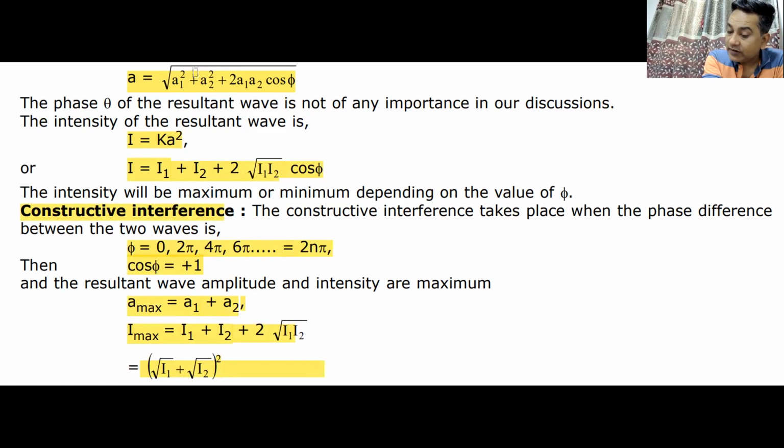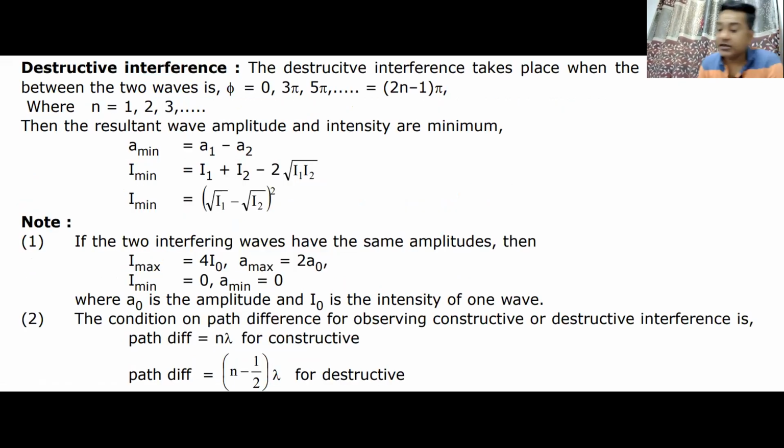Then we quickly cover destructive interference as well. In destructive interference, the phase difference becomes (2n minus 1) pi.